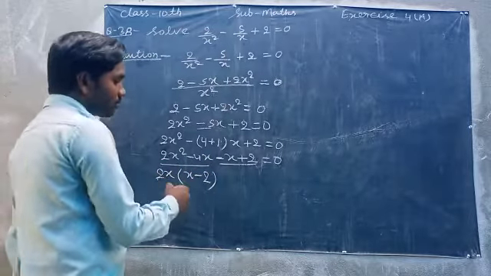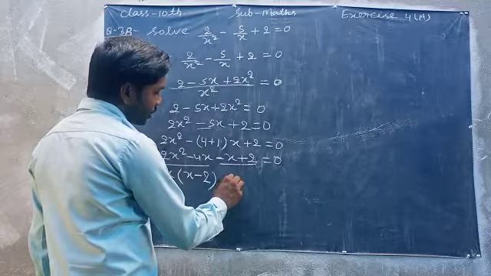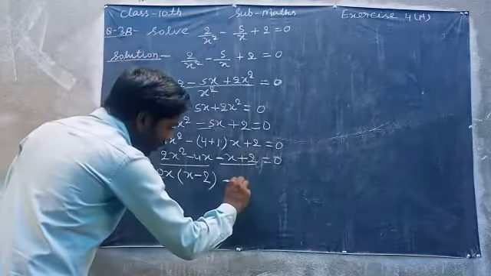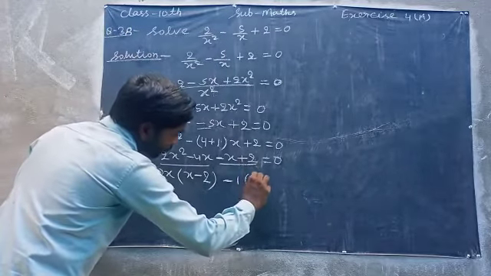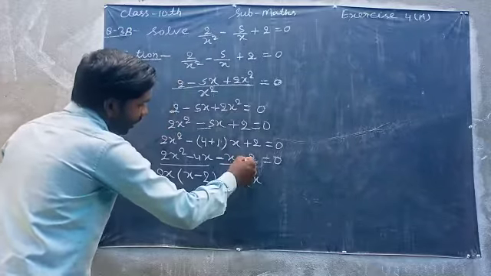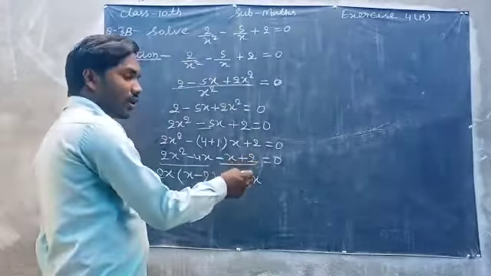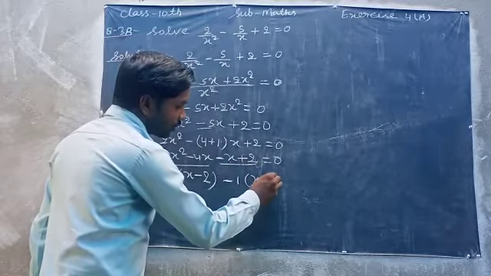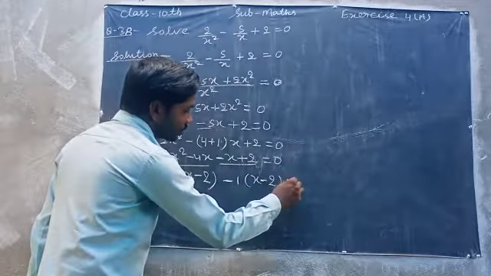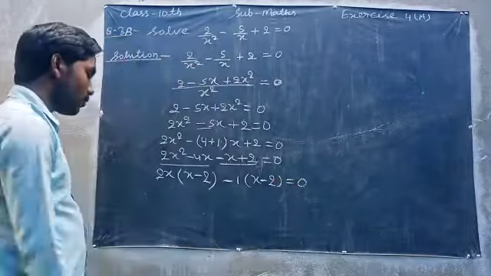So, this is x minus 2, and here it is minus. We take minus 1 common, so x will remain here, and this plus will be converted into minus. So, it is minus 2 is equal to 0.